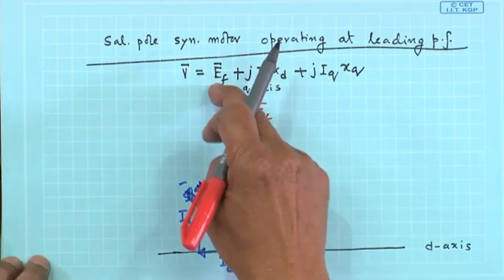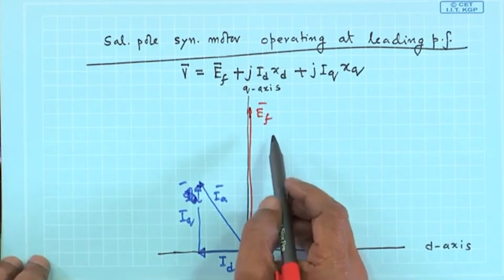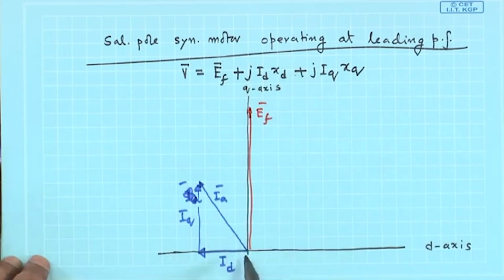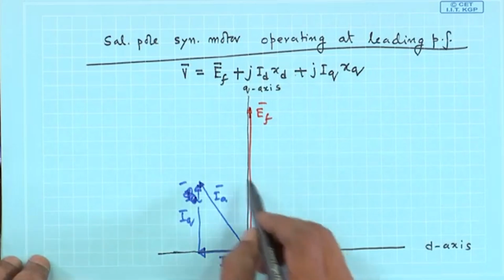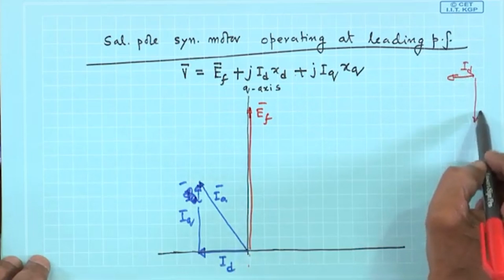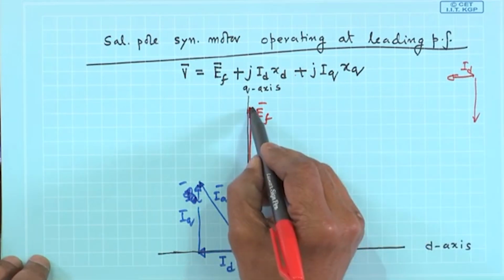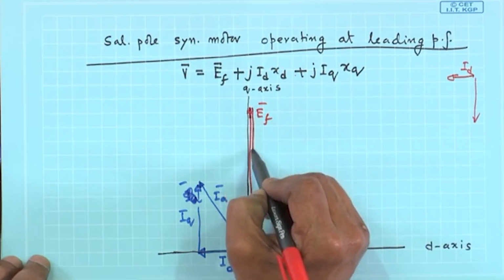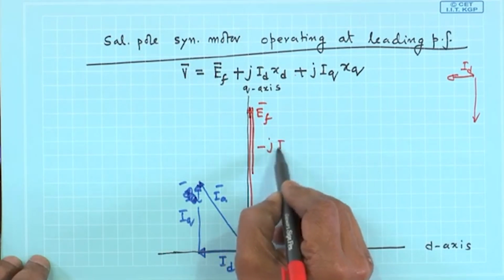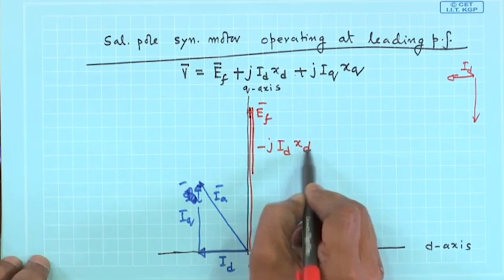So, to EF you add these two drops, j Id Xd. Now, Id is this way, j Id Xd will be downwards, is it not? Id is this way. So, j Id Xd will be like this. To this you add, and it will be along the q axis, j Id Xd will be there.